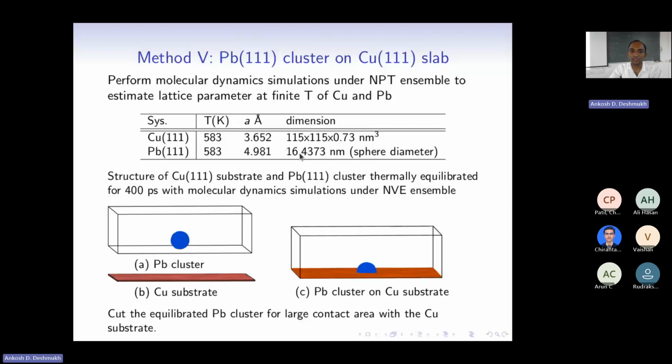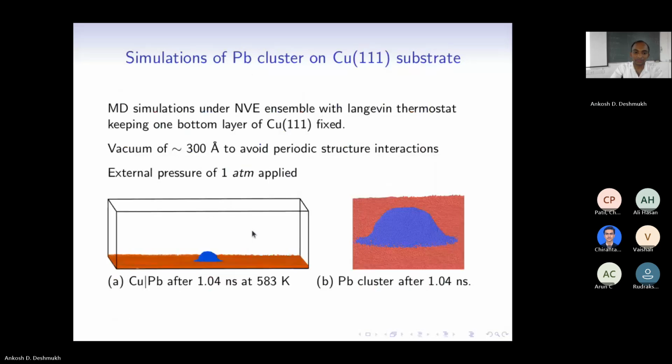It is around 16 nanometer diameter, placed on the surface of the copper substrate, and the substrate size is 150 cross 150 nanometer. The thickness I have taken on the substrate is 0.7 nanometer.